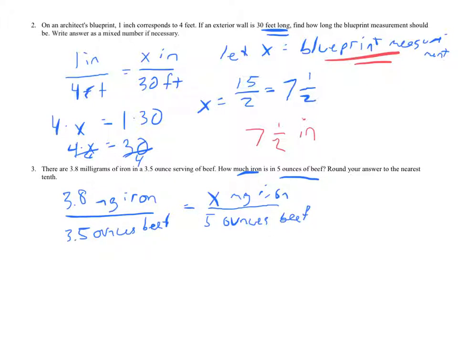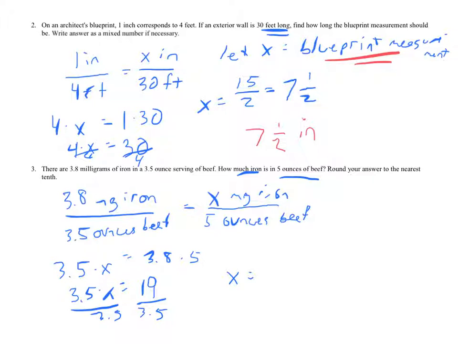Using our cross products to solve this equation, 3.5 times x equals 3.8 times 5. Multiplying on the right-hand side gives 19. 3.8 times 5 is 19. And then on the left-hand side, to solve the equation, we divide by our 3.5, giving us an answer when we divide of 5.42857.